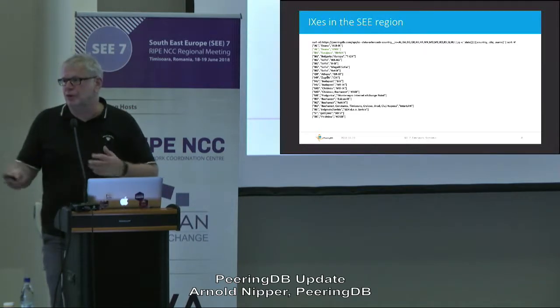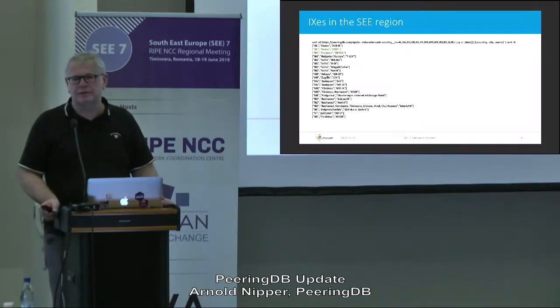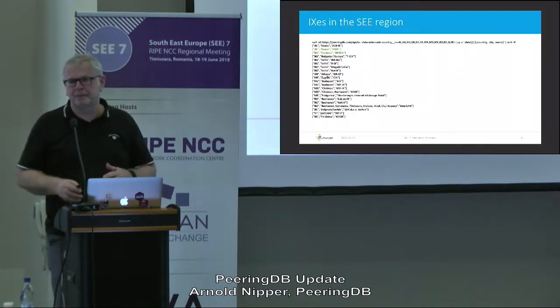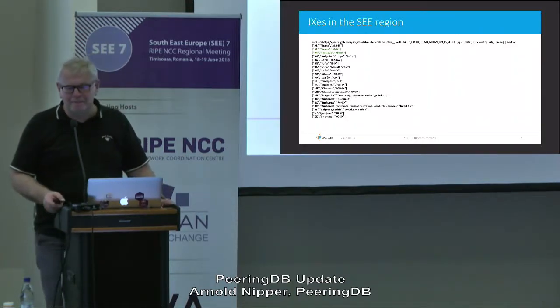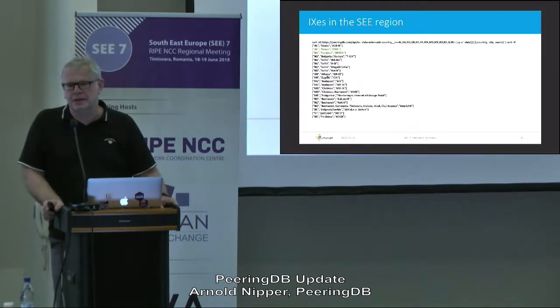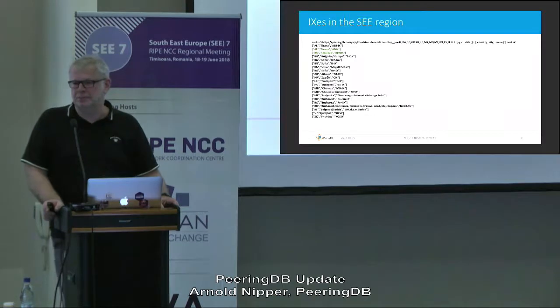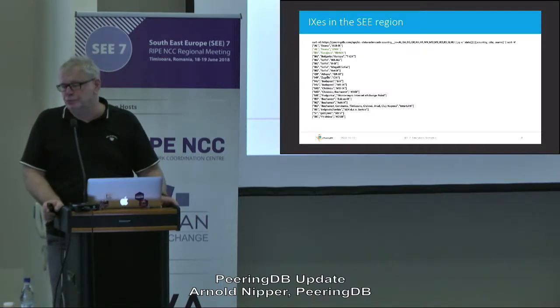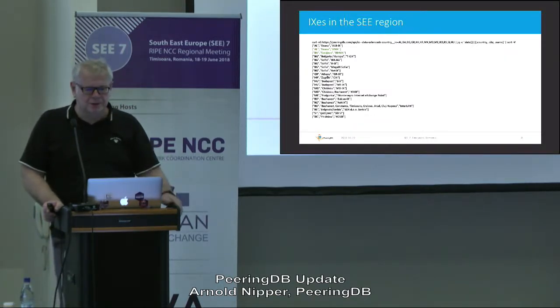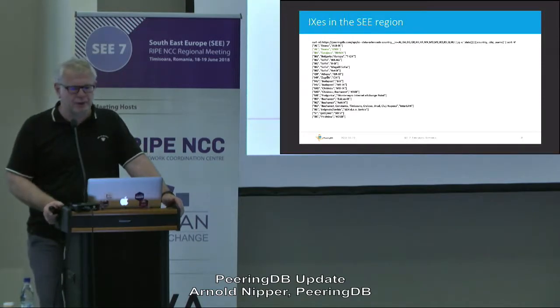We do not only have a graphical user interface; what might be even more valuable is the API for automation. You can easily get information from PeeringDB and do whatever you want. This query, for example, is querying for all the internet exchanges in the region, and I extracted simply the country, the city, and the name.